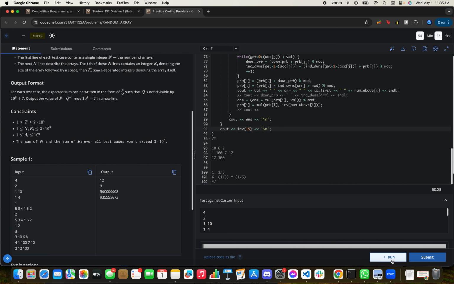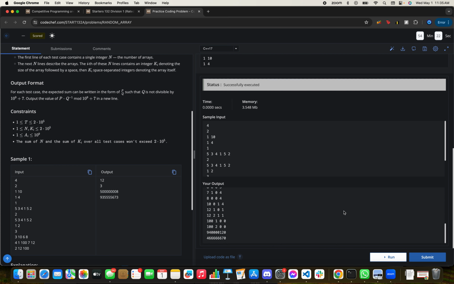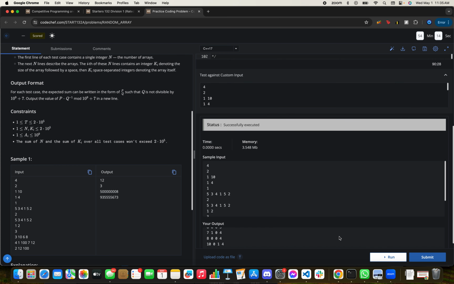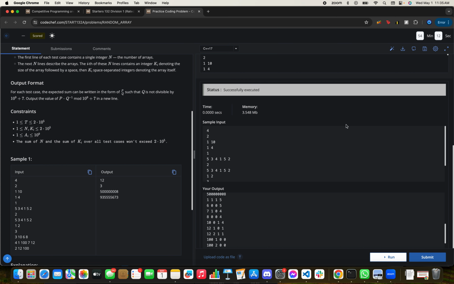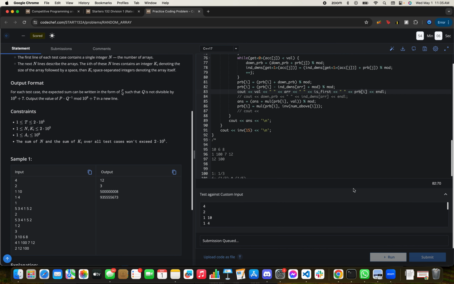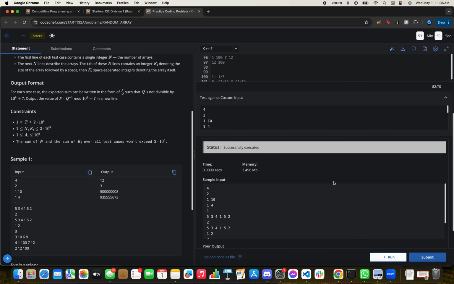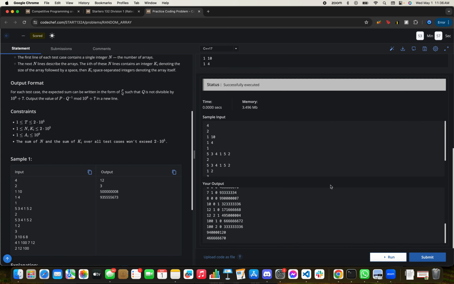Let's see if that is correct. Well, the probability of hitting 6 is what actually. Okay, 1/15 is correct.